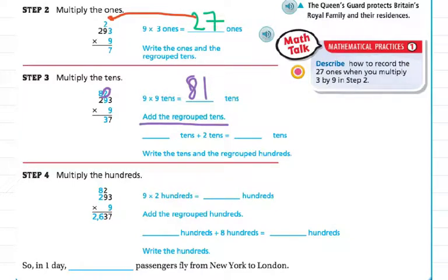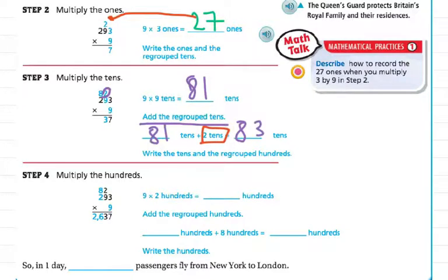So what we have now, boys and girls, is that we have 81 tens and 2 tens, and we got 83 tens. And these 2 tens were the ones that we regrouped and we added.